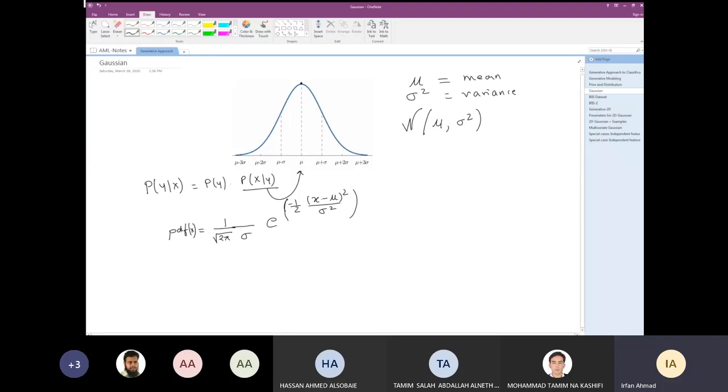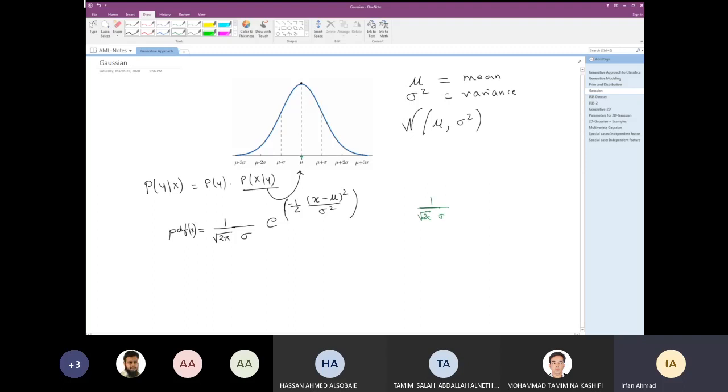So again, this might look a bit messy as an equation, but let's try to understand a few things here. Of course, one of the things is it's an exponential distribution. So Gaussian is an example of an exponential distribution. Keep in mind, we said that the likelihood will be highest at the mean. So if x is mu, x is the same as the mean, it has the highest probability, which will be nothing but 1 over square root of 2 pi times sigma, e to the power 0, because this whole thing becomes 0, and e to the power 0 is 1.